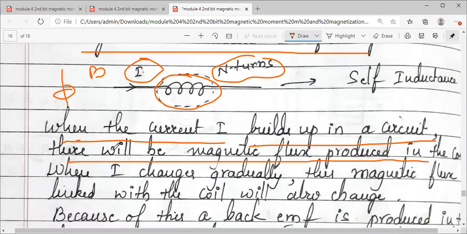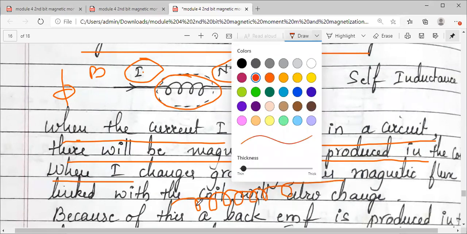Just a second. See, when current flows, this phenomenon occurs: a field is created surrounding it. We have even seen how the field is created. Let me take a solenoid as an example. How do the field lines exist? Try to remember.